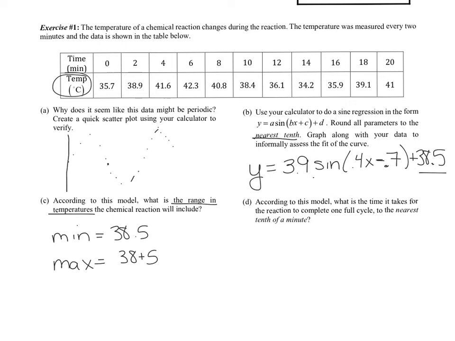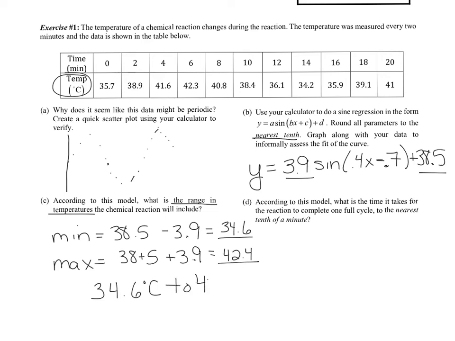For the minimum, I'm going to subtract the amplitude, and for the maximum, I'm going to add the amplitude. So that gives me a temperature range. My minimum is 34.6, and my maximum is 42.4. So the range is 34.6 degrees Celsius to 42.4 degrees Celsius.